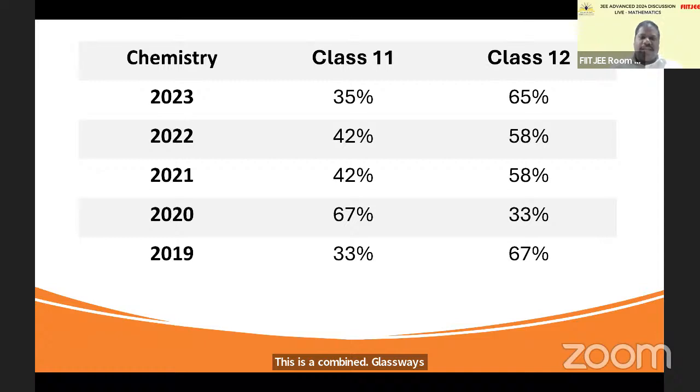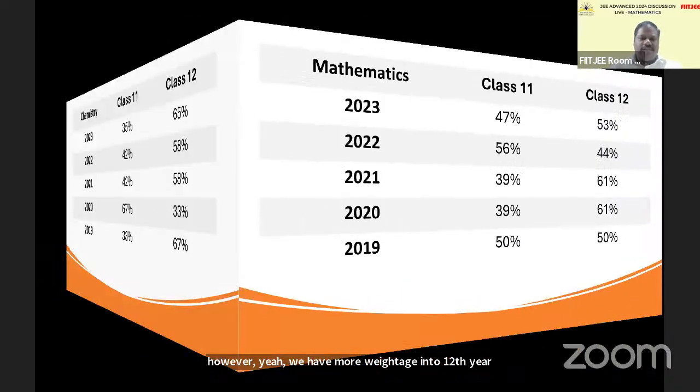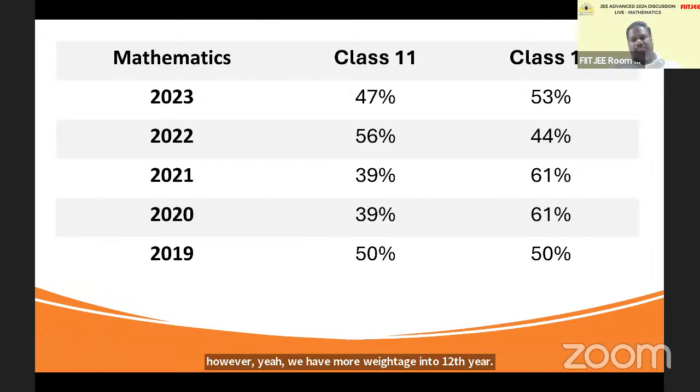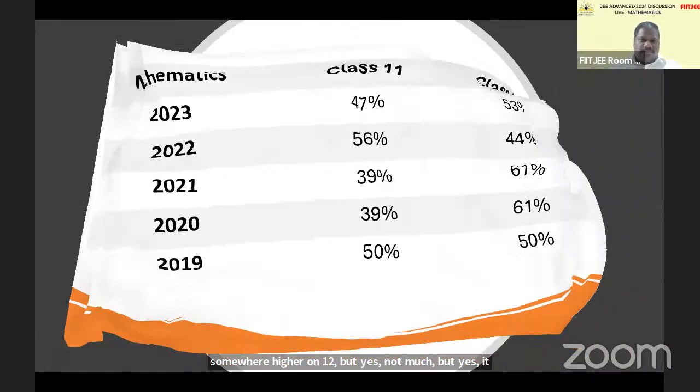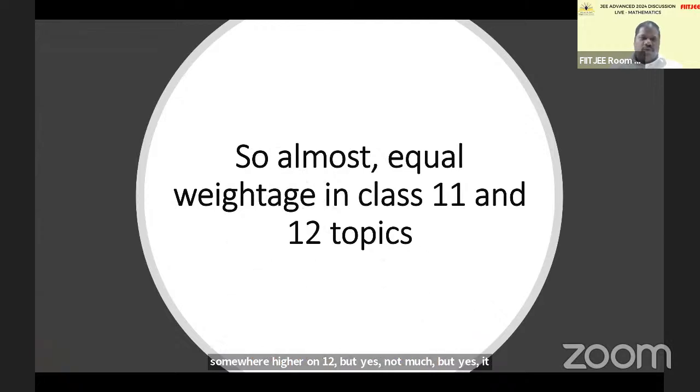In chemistry, there are again similar differences, but we have comparatively more weightage from 12th than in physics. Mathematics is again somewhat higher for 12th, not by much, but it was there. So, as I said, it was an equal weightage of 50-50 on average with all subjects put together, but there was some deviation in physics alone.